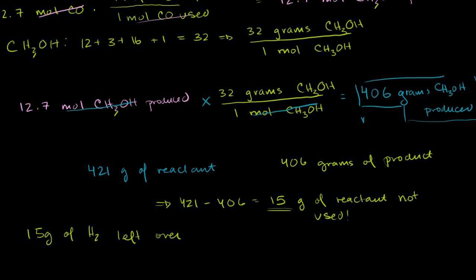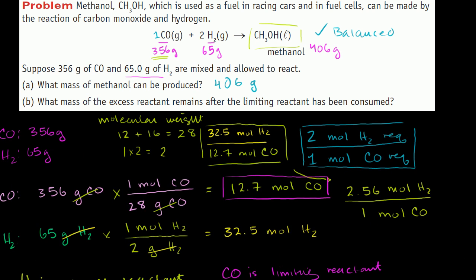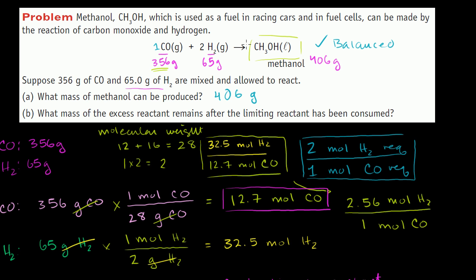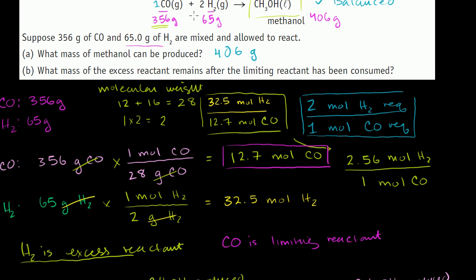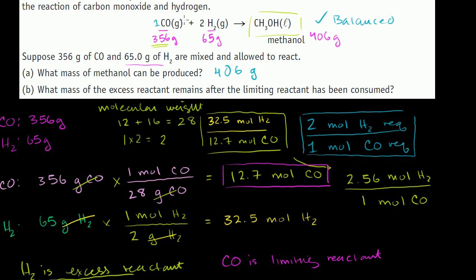Now, the other way you could have done this exact same problem is you could have said, look, we're starting with 12.7 moles of carbon monoxide. That's the limiting reactant. It's a 2-to-1 ratio. You need 2 moles of hydrogen for every mole of carbon monoxide. So if we have 12.7 moles of this, I need twice that many moles of hydrogen.